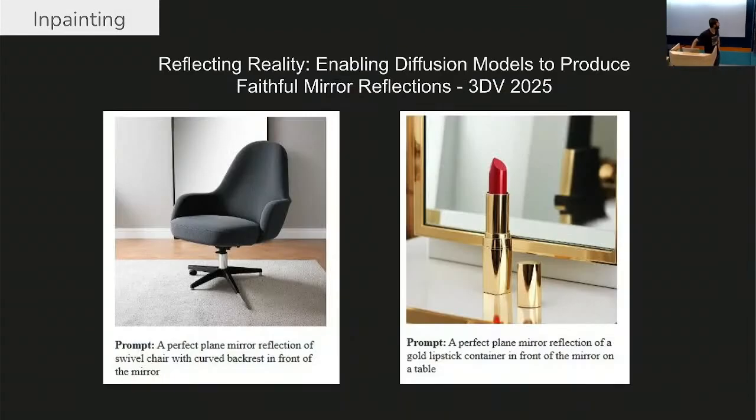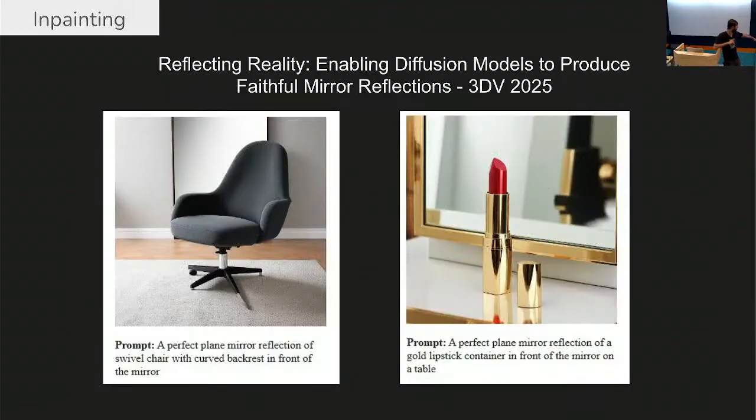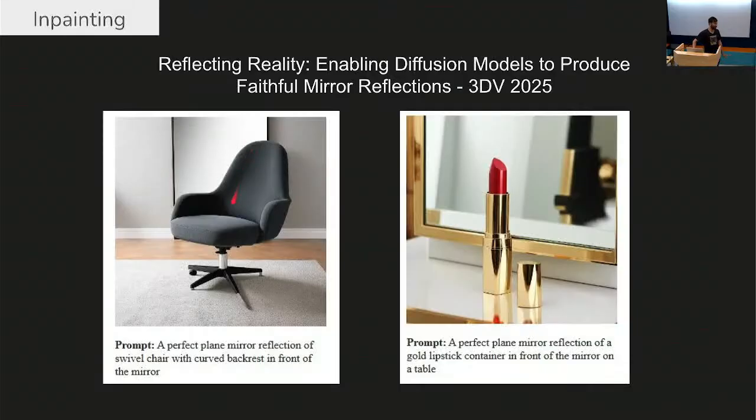Okay, so this is another work from our lab where we analyze the mirror reflections in diffusion models. This is Stable Diffusion 2. If you give this prompt, perfect plane mirror reflection of a swivel chair, the model generates something like this. This is the chair which is coming nicely, but we asked for a mirror reflection.